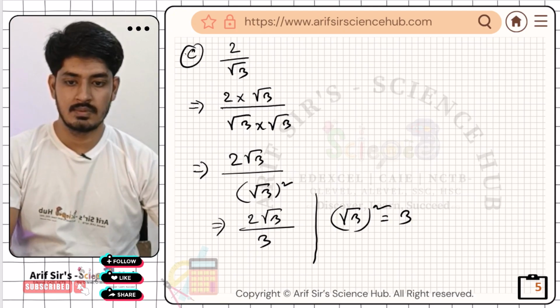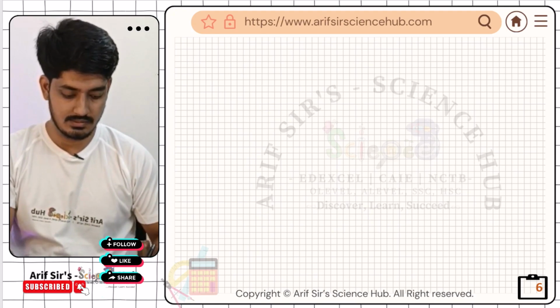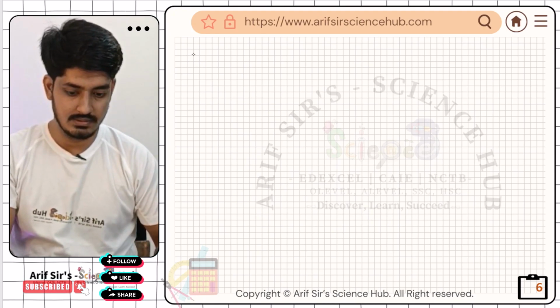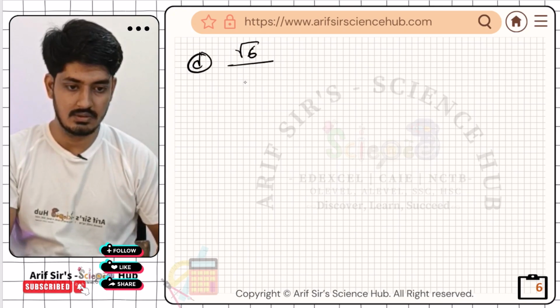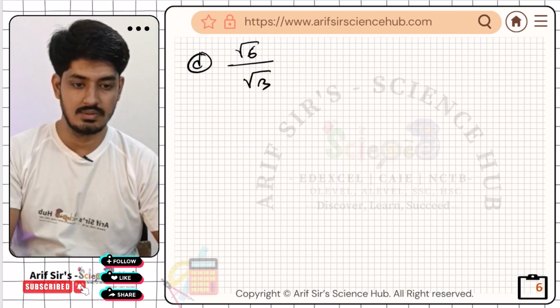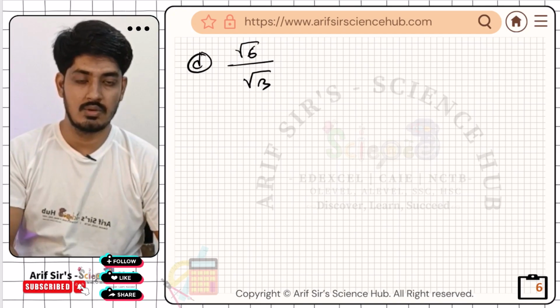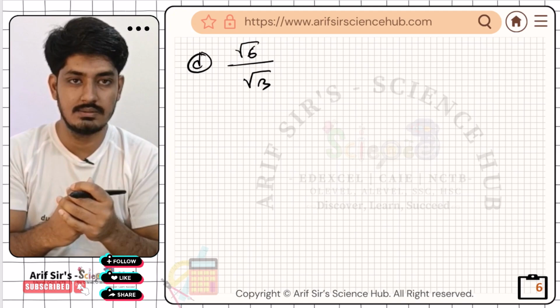So you'll have homework for an exercise like root 6 divided by root 3. You have to solve this and comment the answer. I'll give you back the correct answers.